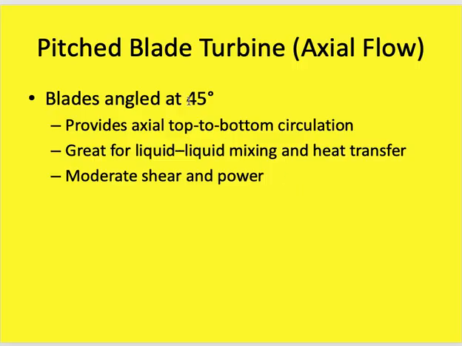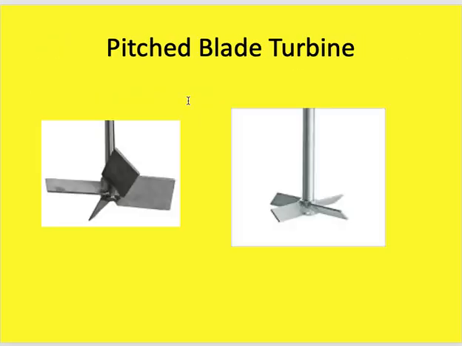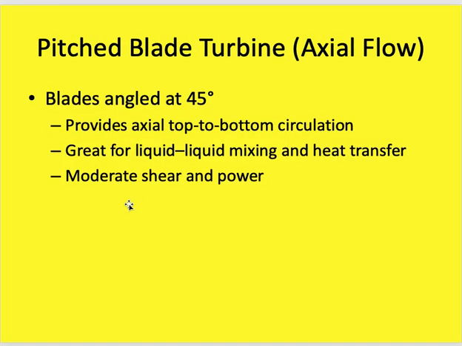There is an angle related to this blade, and you have to specify the correct angle to ensure good mixing between the reactants. Okay, what is the shape of this pitch blade? Pitch blade like this. This is the pitch blade, and there is an angle you have to consider during the design phase for the reactor working with a pitch blade.